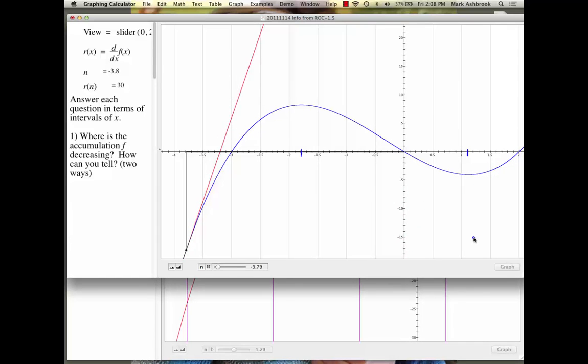So the y quantity of this graph is going down. But again, if the function is decreasing, that means the rate of change is negative. If the function is increasing, the rate of change is positive.